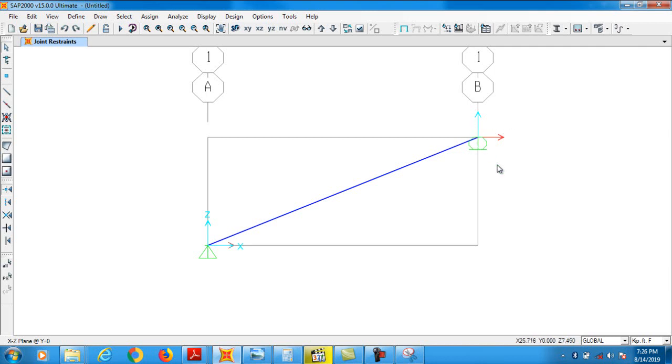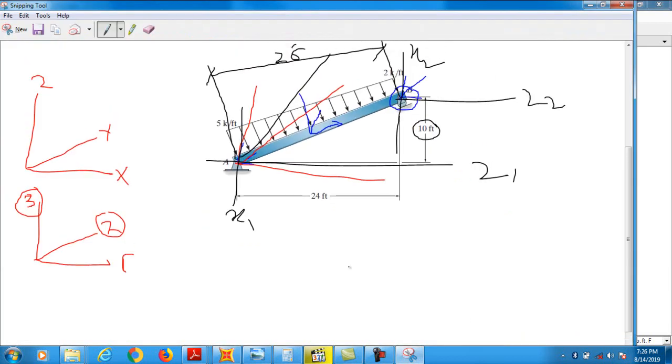So let's see here. Basically you see that the roller support which is right there is in vertical direction. Its axis is basically perpendicular to the beam, and we model the roller support in this shape.